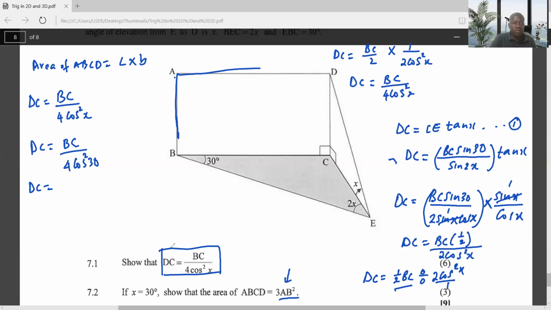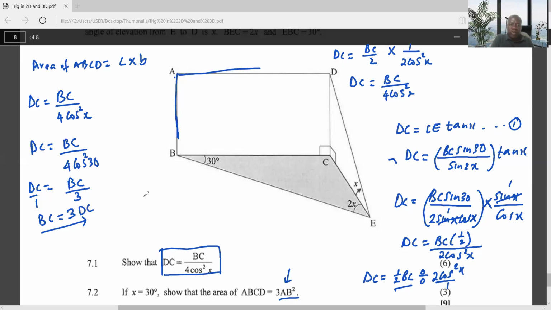So this will give us BC over 3. And what does this mean? It means now if we cross multiply this, we determine the size of BC. BC is 3 times DC.